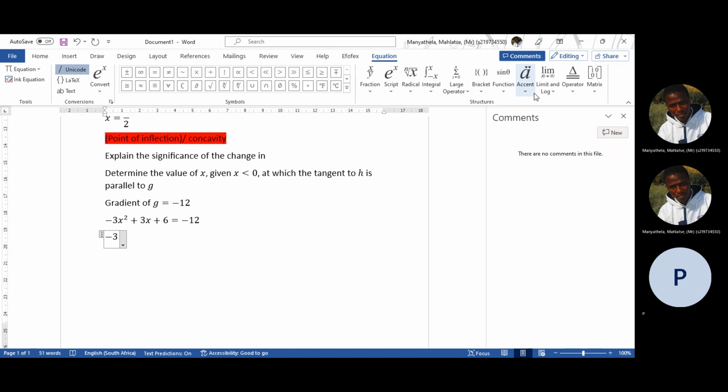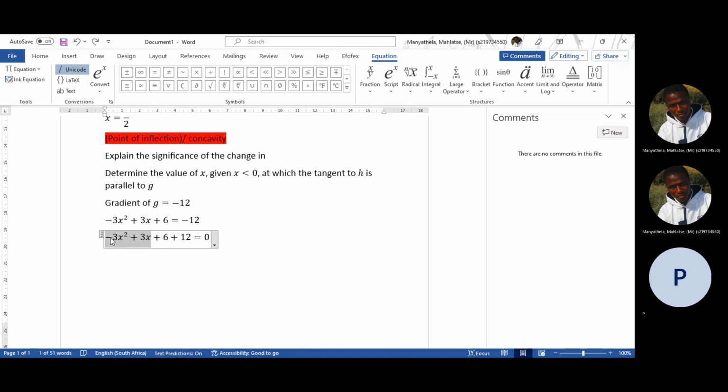I have minus 3x, minus 3x squared to 0. So 6 plus 12 is 18.